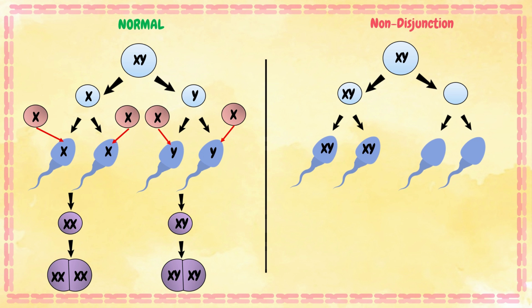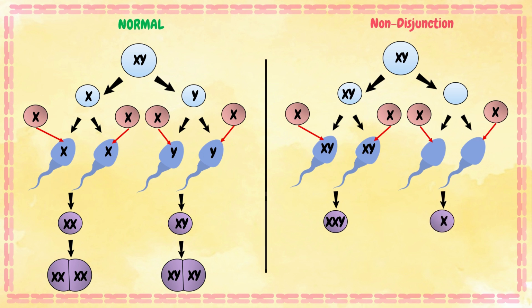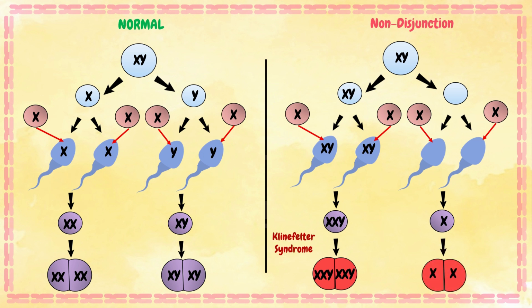And then fertilization of egg with sperm occurs. Sperm with XY chromosome fertilizes egg with chromosome X, and XXY will be produced. Sperm with no chromosome fertilizes egg with chromosome X. Result will be X. Now, cleavage occurs. Then Klinefelter syndrome with XXY, and Turner syndrome with only one X chromosome, which is a sex chromosome, is produced.